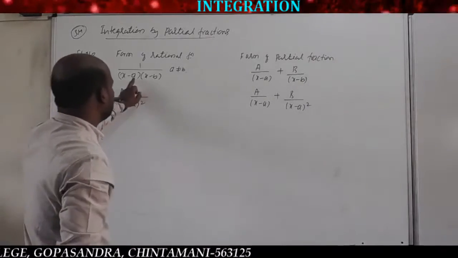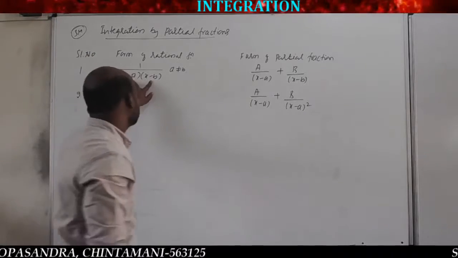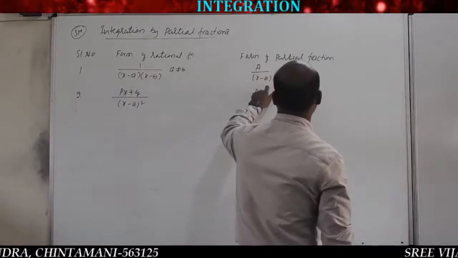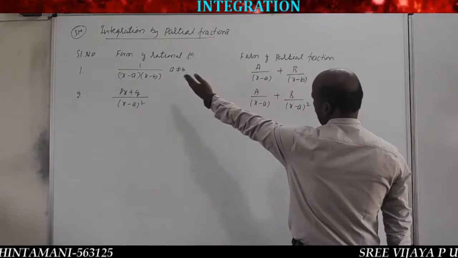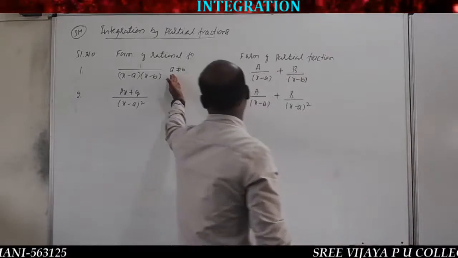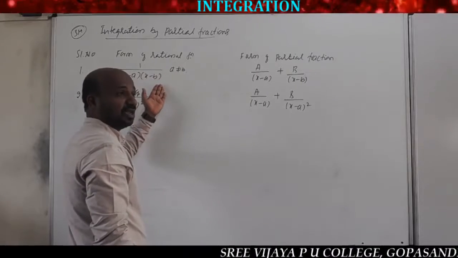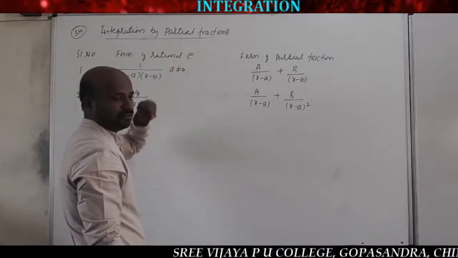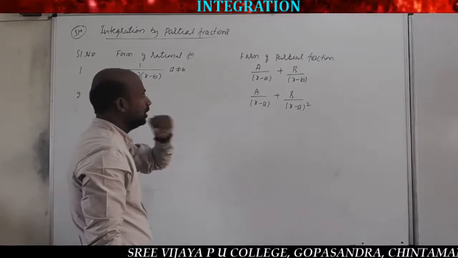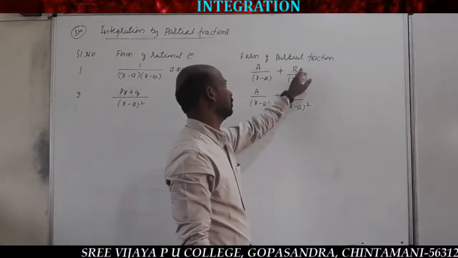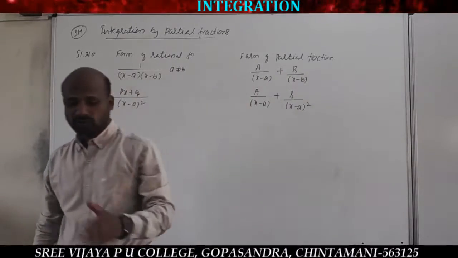If the denominator contains non-repeated linear factors, it can be taken as A upon x minus a; that is partial fraction. The integrals of rational functions can be found by using the method of partial fractions. Here A and B are constants, and we have to find them.